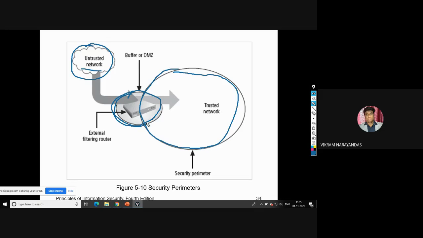Generally, a DMZ is a no man's land between the inside and outside networks, where some web servers are placed. We can call it web services.